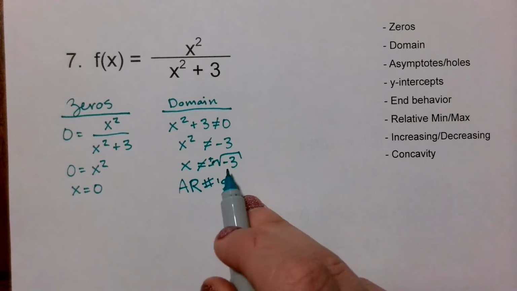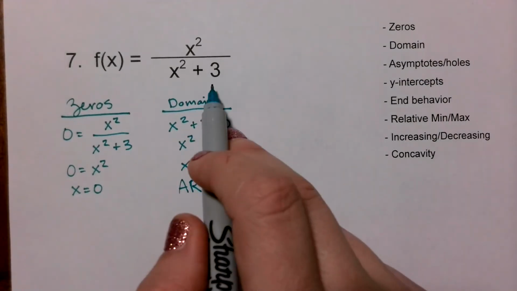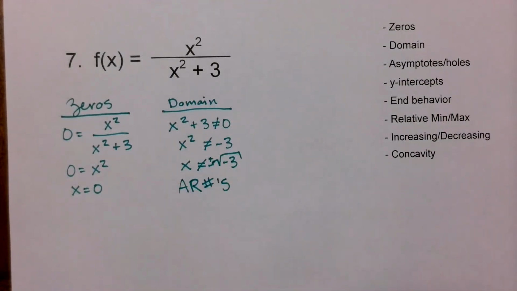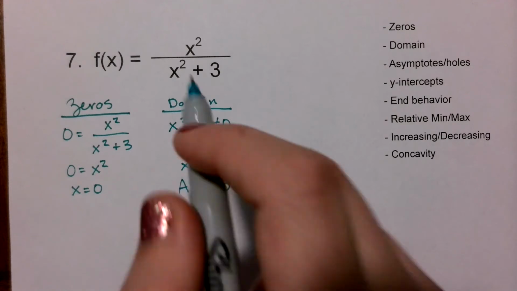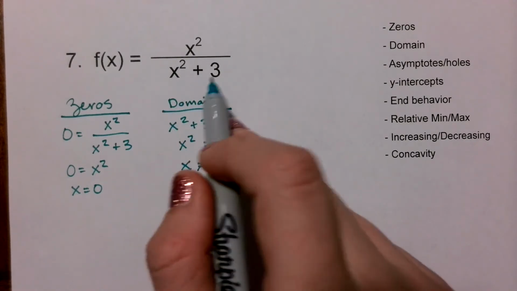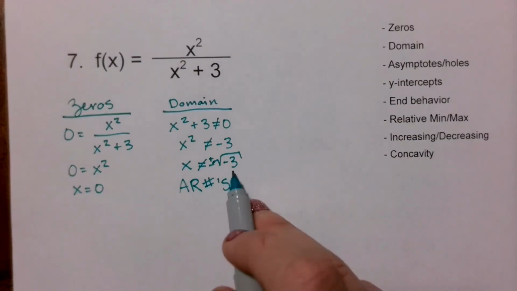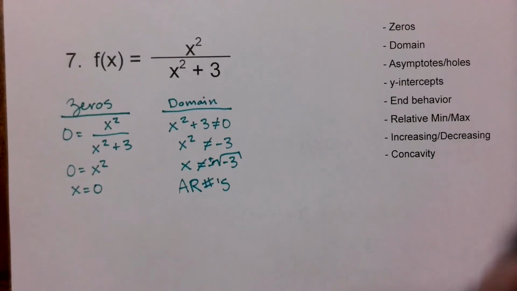This also lets us know, remember if we were looking for vertical asymptotes or holes, that comes from excluded values either canceling or not canceling. In this case, x squared plus 3 doesn't factor and doesn't cancel with anything, so technically it would be a vertical asymptote, but then those vertical asymptotes would be imaginary, just like the domain is.